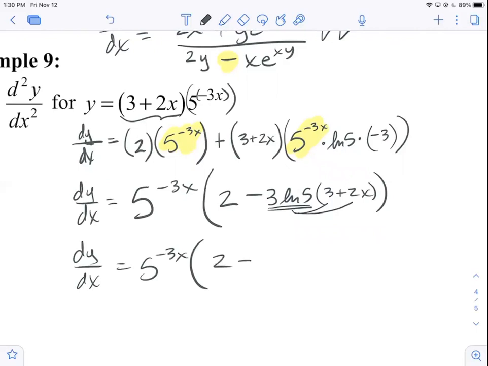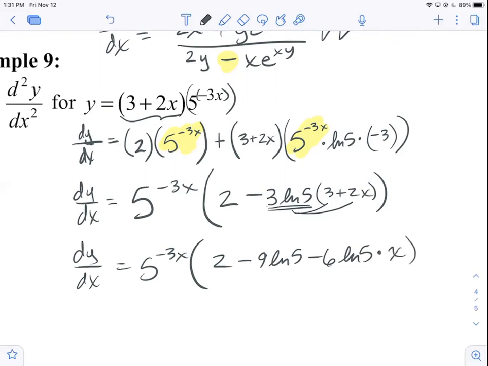So we'll distribute it. 3 times negative 3 natural log of 5, I can multiply the 3 together and get minus 9 natural log of 5. And then the next one would be minus 3 times 2x. That's minus 3 times 2 is 6 natural log of 5. And here's where you've got to be careful. Times x, right?